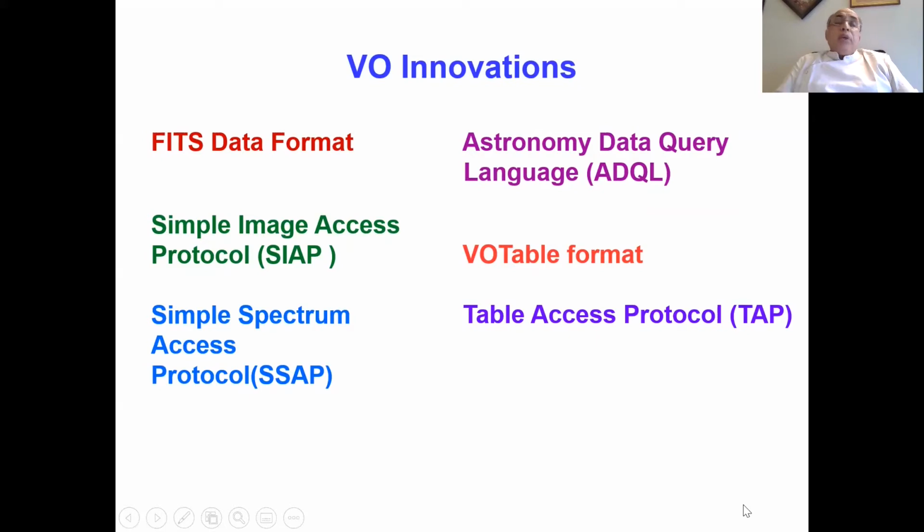So essentially, VO defined protocols, defined rules so that images can be transferred from the observatory to the users in certain specific formats, in standards. Same way, rules of sharing data in tables, rules for defining query languages, right? Making a platform which is simple and accessible to all, right? And also have certain standards and protocols for how to access tables and so on.